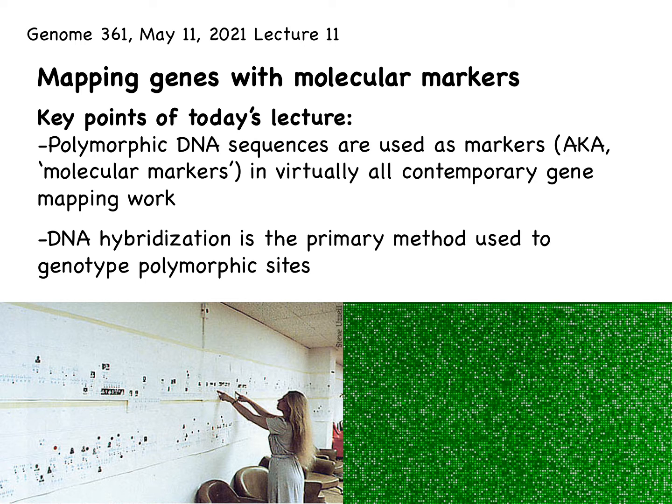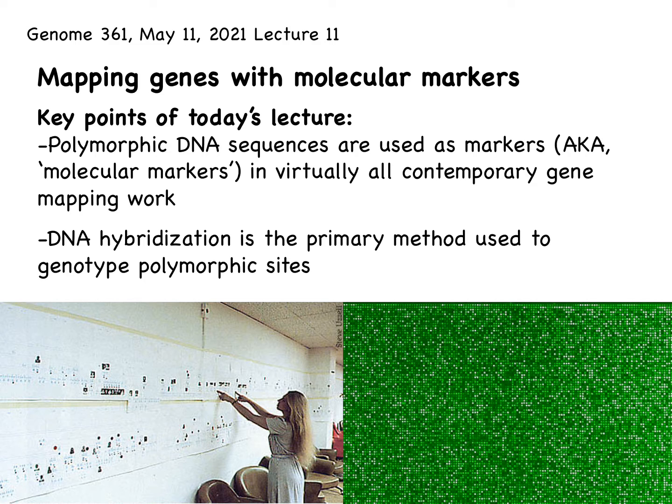The photograph on the bottom left shows Nancy Wexler, who played a critical role in helping to map the gene involved in Huntington's disease, a really severe neurodegenerative disorder that typically affects people in their 40s. She identified a large pedigree in South America, a large group of related families, and used the information in that pedigree and molecular markers to map the location of the gene.